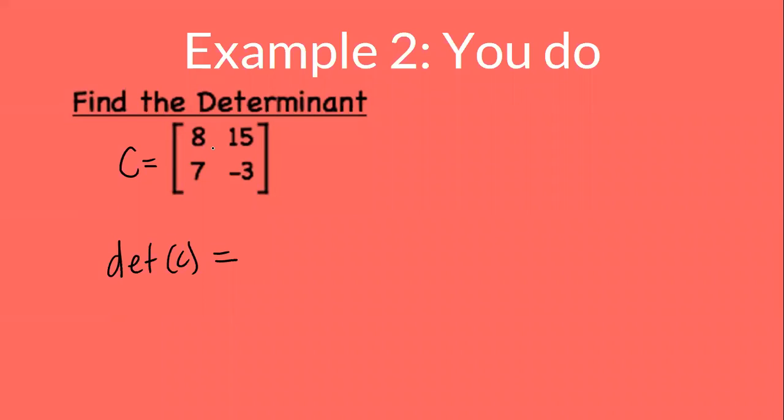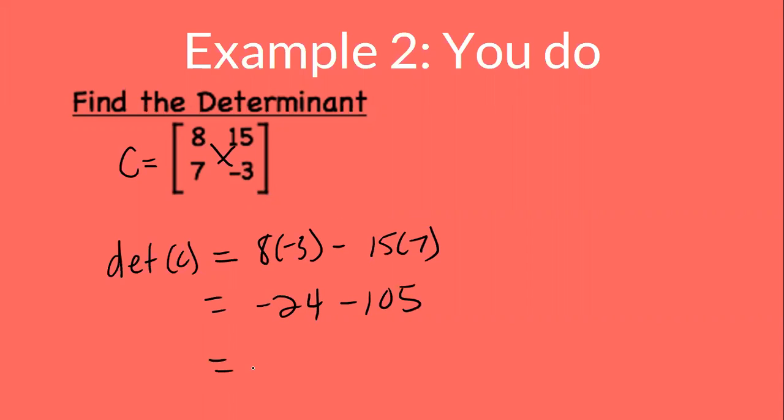When you cross multiply, you should have gotten 8 times negative 3 minus 15 times 7. That gave you negative 24 minus 105, and that equaled negative 129. Cool?